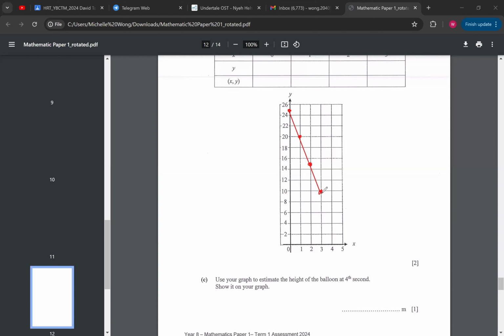As it decreases, it will be at 5. Should be here. You can see 4, you can see 5 here. So the answer for C is 5.